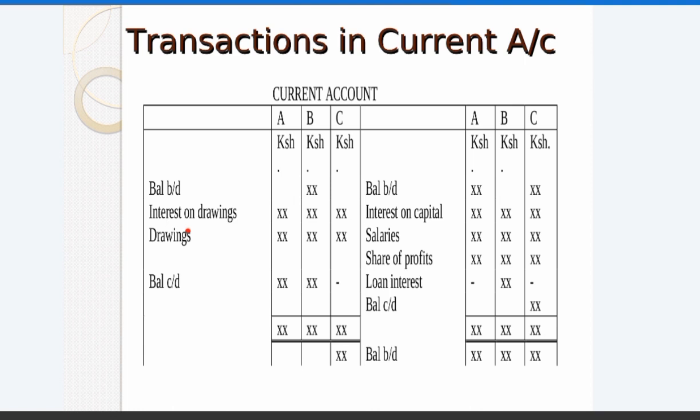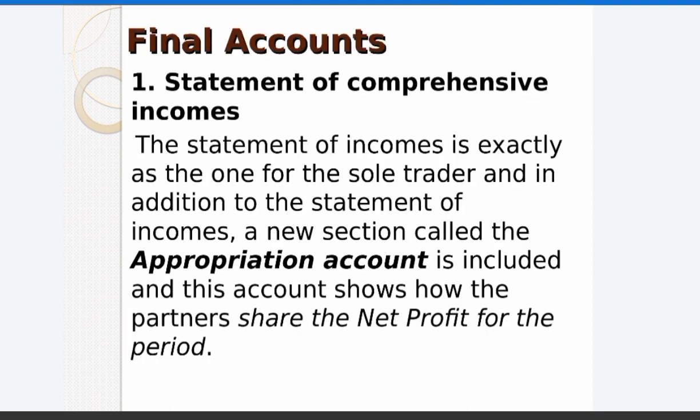So those are the transactions that we normally make in the current account. Remember, the current account is part of the capital of the organization, therefore having a credit balance. So having said that, we should then take a very simple illustration to show what we have done.